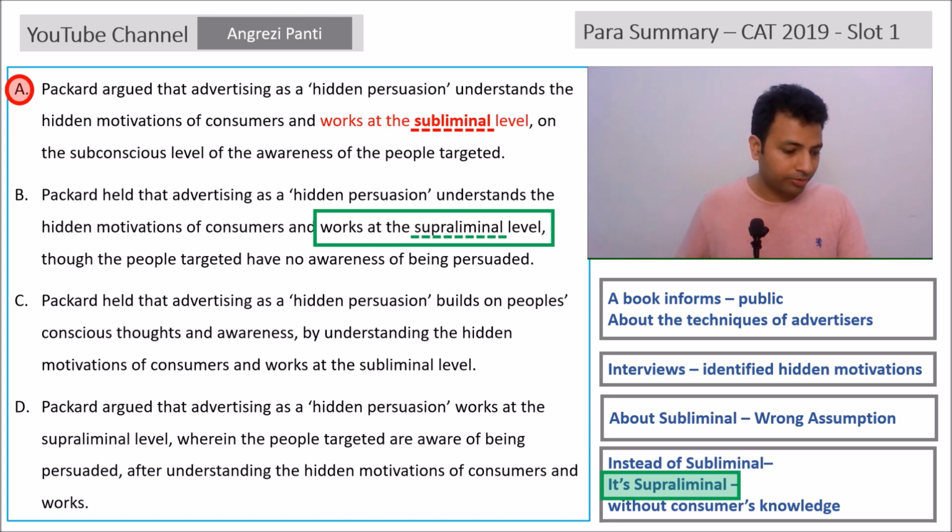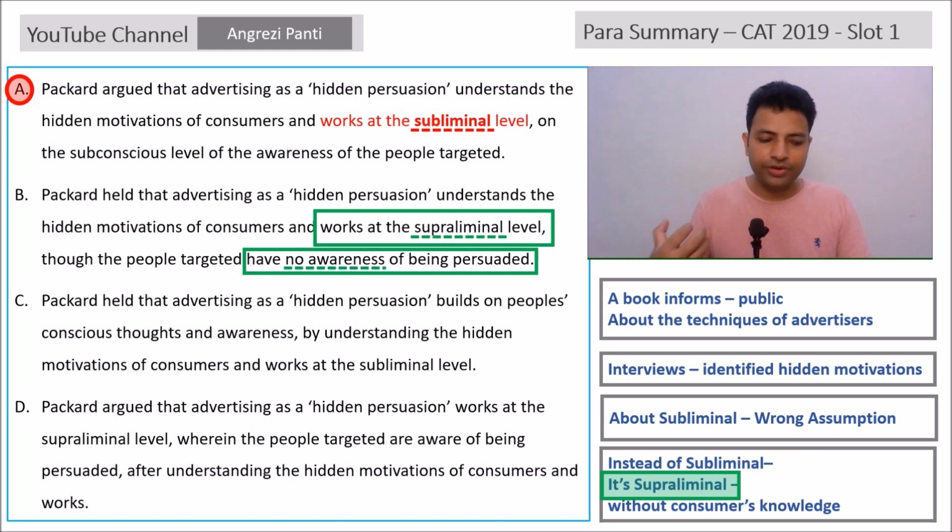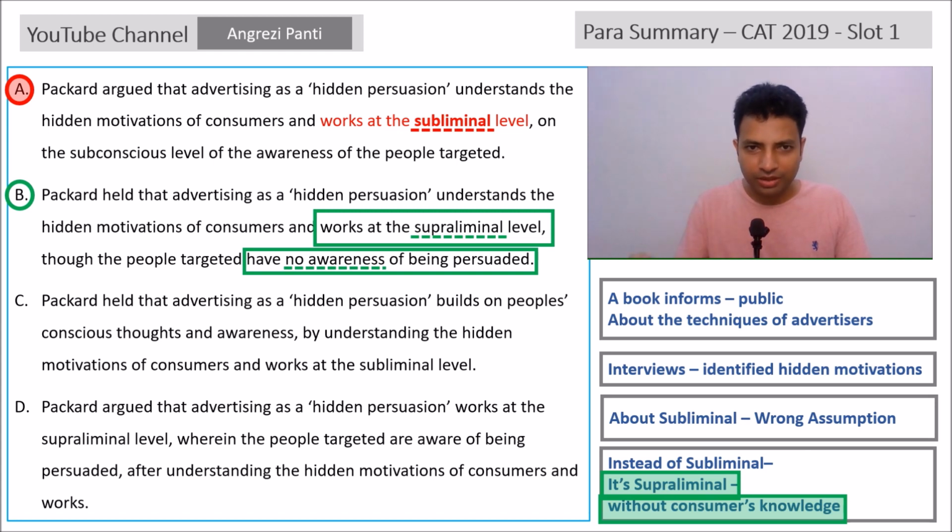So far it is correct. Though the people targeted have no awareness of being persuaded, that is also mentioned here, without consumers' knowledge or awareness, as given in option B. Bravo. Okay, so I will park option B because it looks like a good option, but before I mark this option, I will also go through the other options.